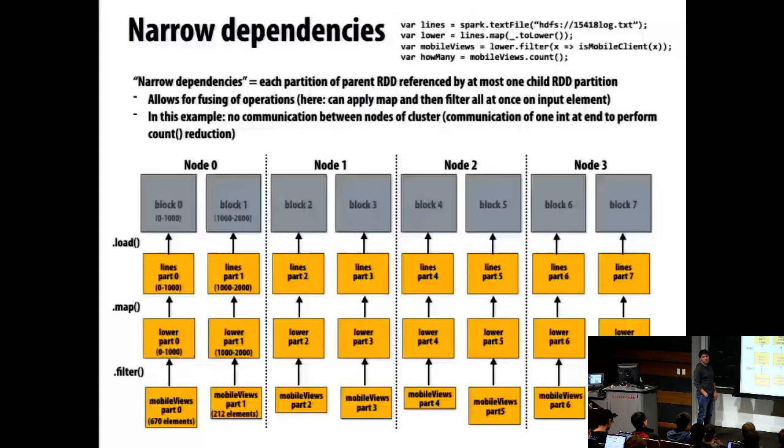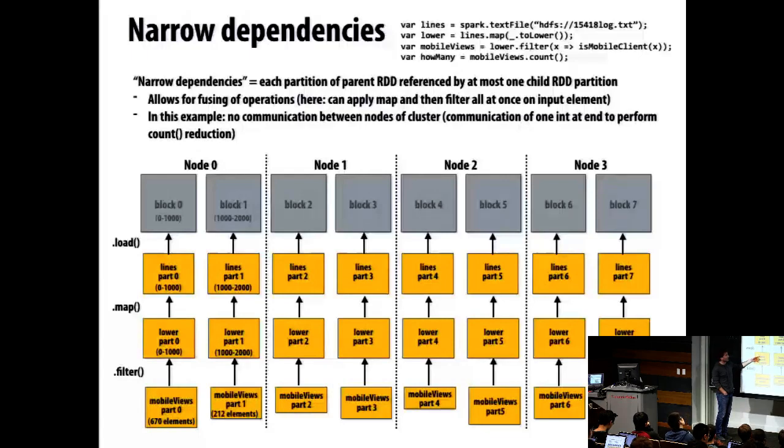So if I want to produce a section of mobile views, I need to say, okay, this mobile views depends on the first some number of elements of, like, if I want to produce the first 1,000 elements of mobile views, I would say, okay, this node is going to produce some section of mobile views. Mobile views depends on lower, which depends on lines, and look, this is all the data I have from the source of the lineage. So I could just start calling next on lower.